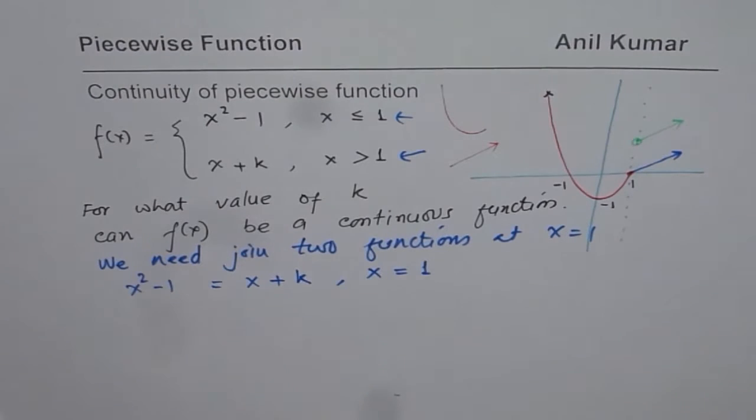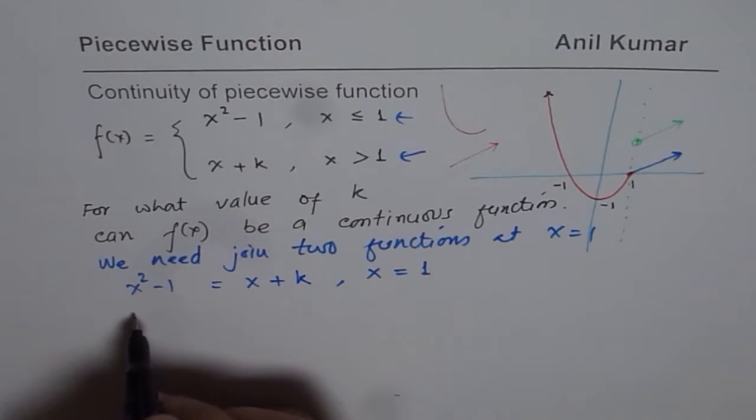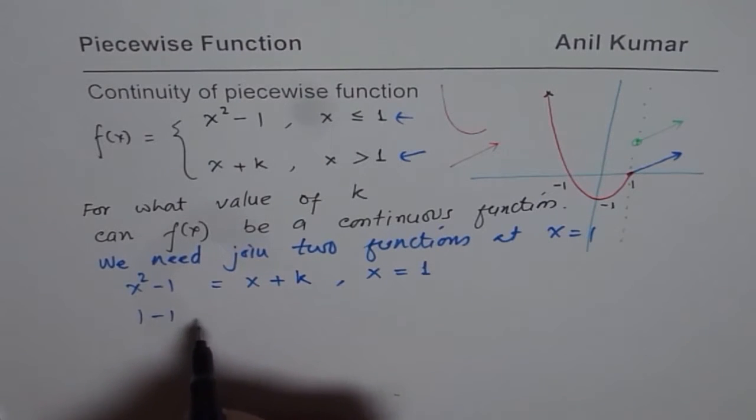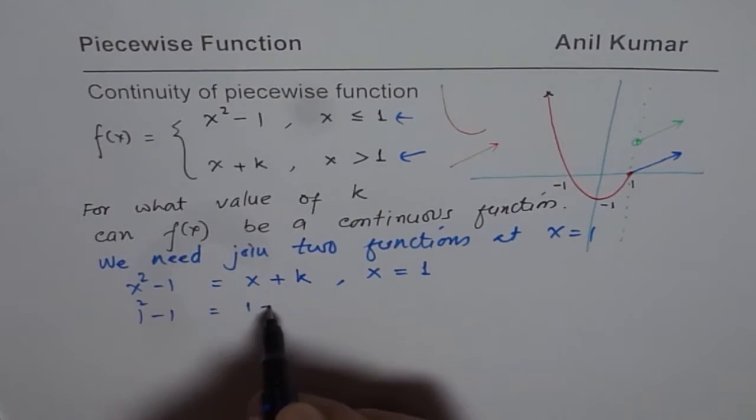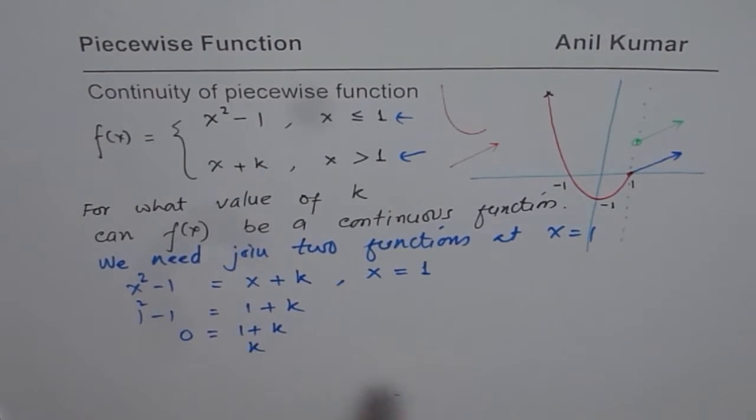This is what we're trying to figure out, correct? So let's substitute 1 here and find the value of k. So if I substitute 1, we get 1 minus 1. This, let me write 1 plus k. So that is 0 equals 1 plus k. So k for us is equal to minus 1.